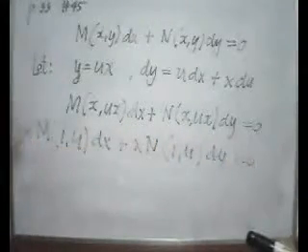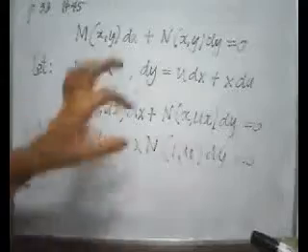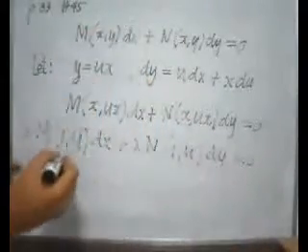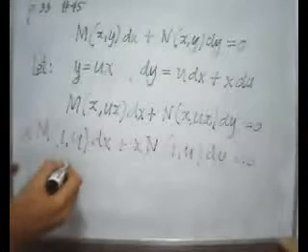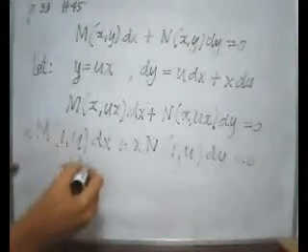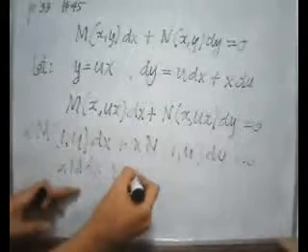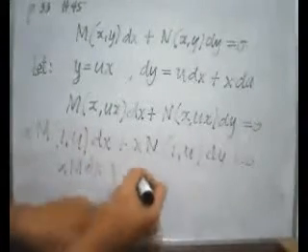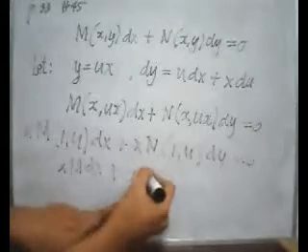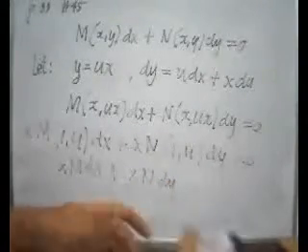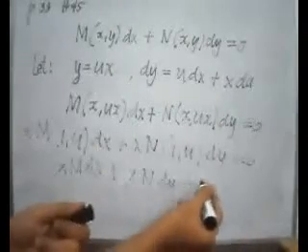If I let big M stand for this whole expression and big N stand for this expression, I can reduce this into x M dx plus x N dy, to simplify the equation.